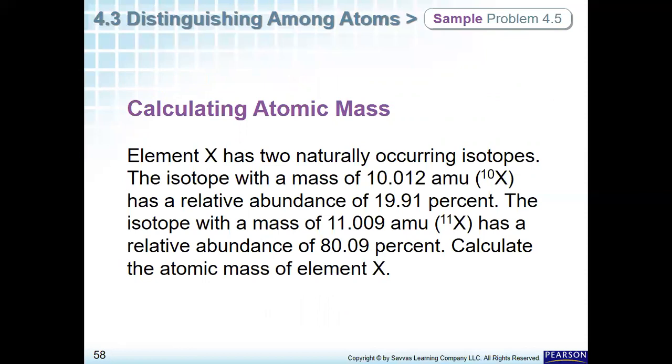Element X has 2 naturally occurring isotopes. The isotope with the mass of 10.012 AMU, so X will be around mass 10, has a relative abundance of 19.91%, and the other isotope, which is 11, has a percent of 80.09.